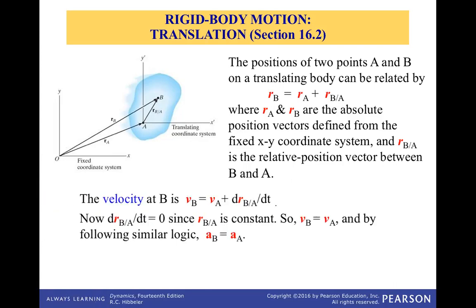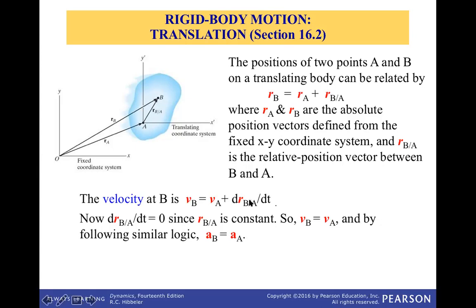So then for velocity, you simply do the time derivative of this equation, okay? So the time derivative of this one will give you the velocity vector, equal to the time derivative of r vector, which will be the velocity of A, plus the time derivative of r B with respect to A, okay?